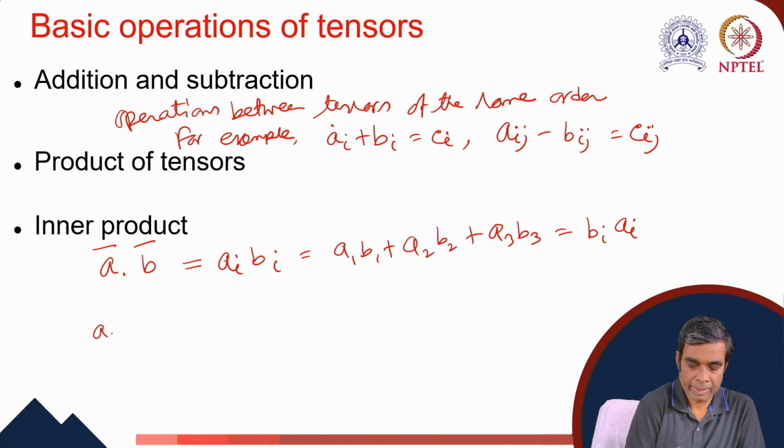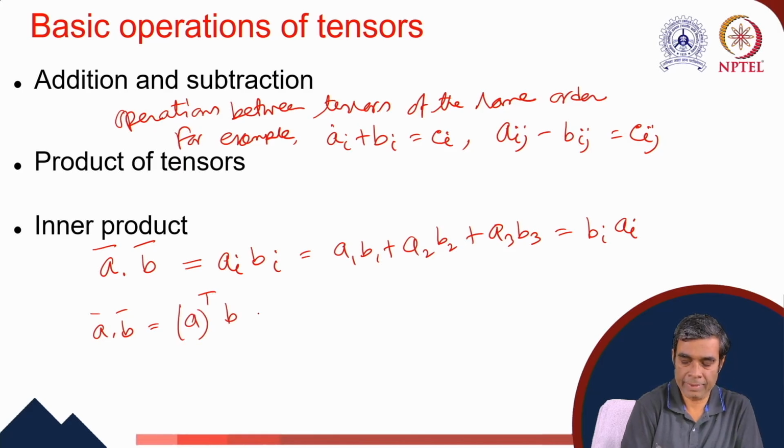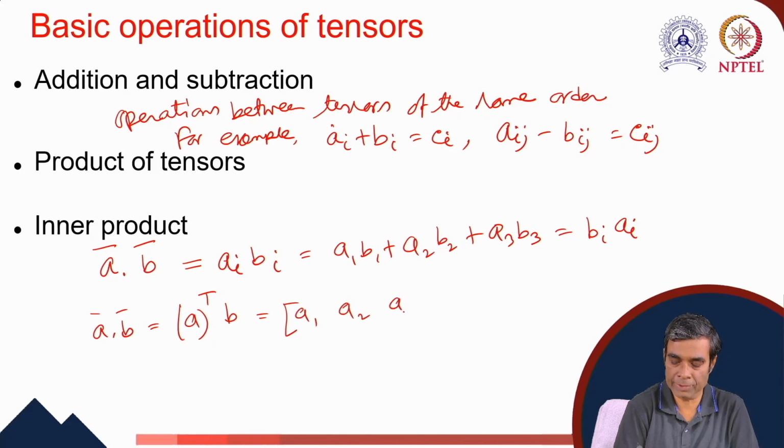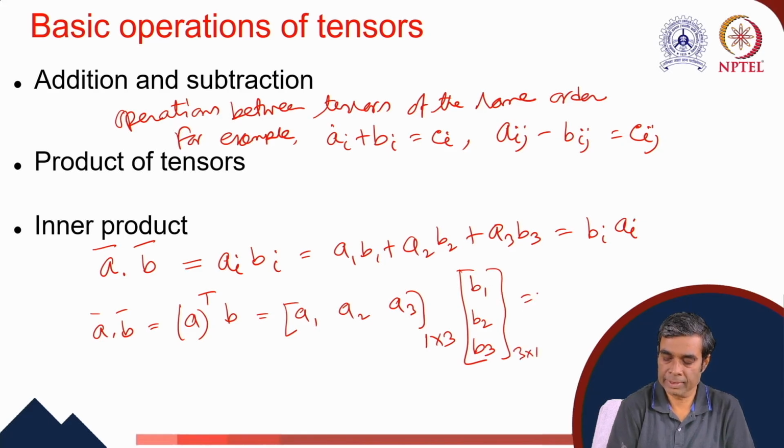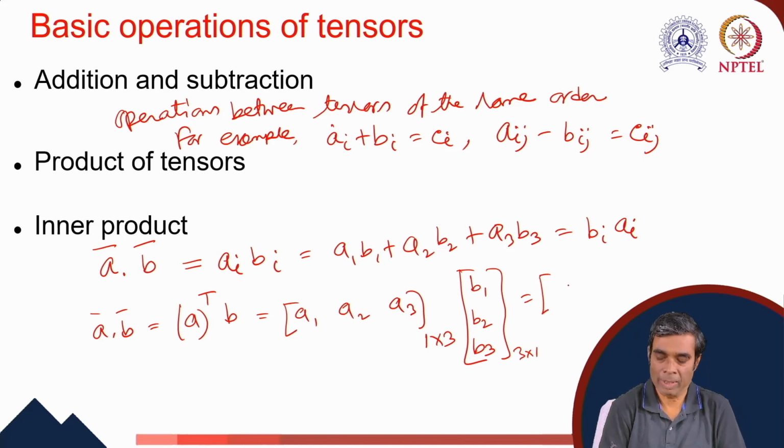So a dot b can be written as a transpose b equals a1 a2 a3 as a row vector and b1 b2 b3 as a column vector. This gives us a scalar or a 1 by 1 matrix.